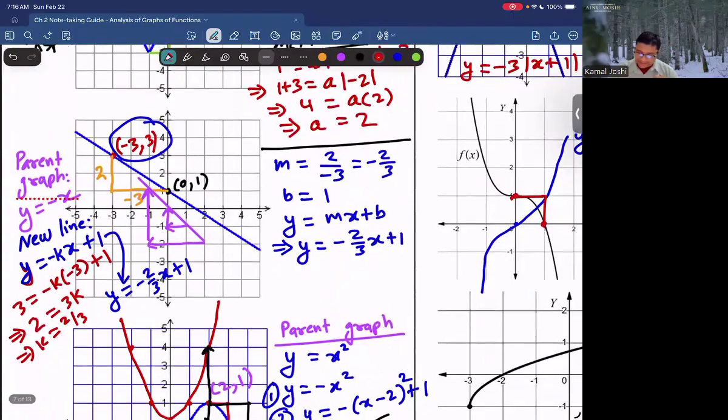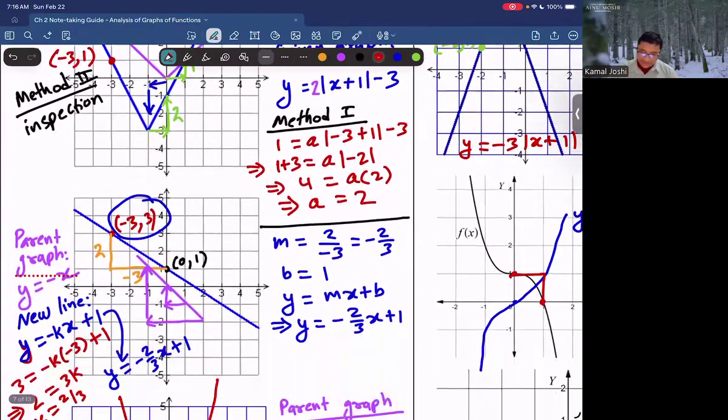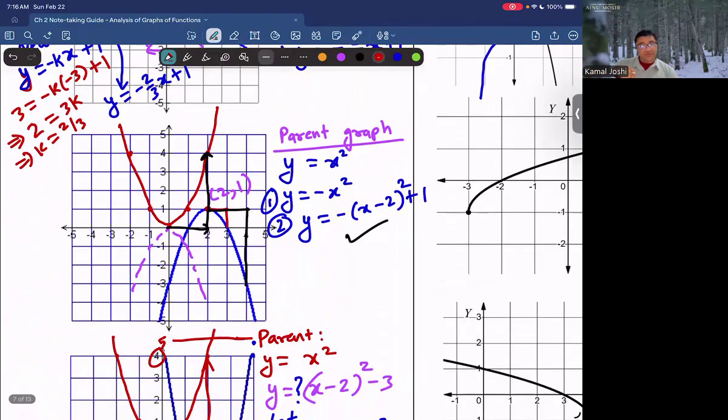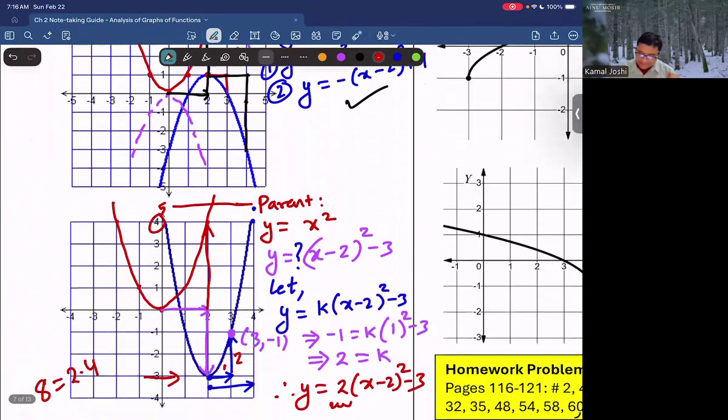And we did these exercises: the absolute value function, a straight line, a parabola, which has been inverted, by the way. One more operation that can happen is reflection, right, which has been reflected on the x-axis.